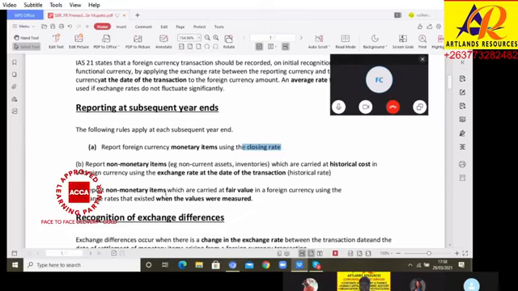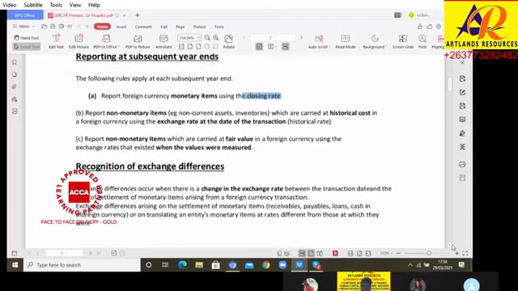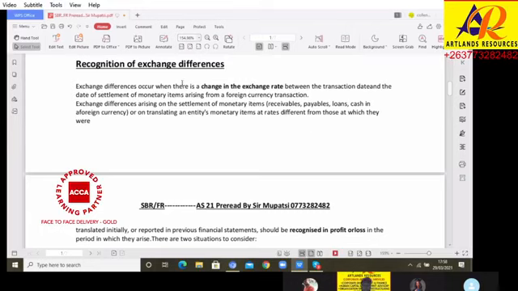But for non-monetary items which are carried at fair value, you may remember to convert them from foreign currency to your presentation currency, or to your functional currency, using the exchange rate which was prevailing when the values were measured. Please, theory is important in your exam. Make sure you understand this and you actually get it right.